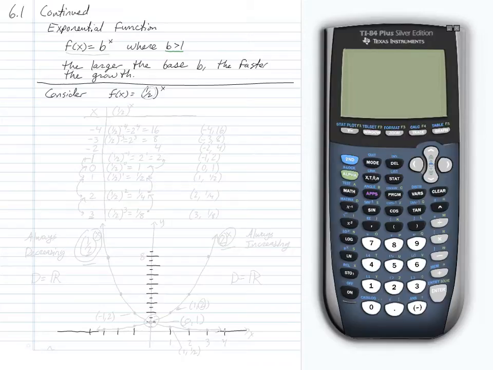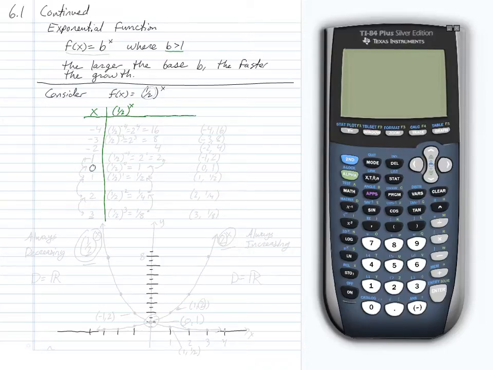Now, on the other hand, we'll look at an exponential function whose base is not greater than 1, whose base is in that other possible part of the domain between 0 and 1. So if we plug in some x values and see what y values we get, the calculations with this type of base are a little bit more difficult, but you can always plug this into your calculator and have it do the work.